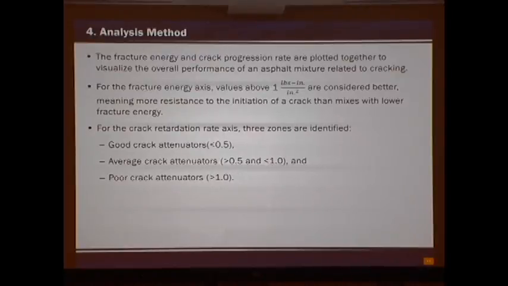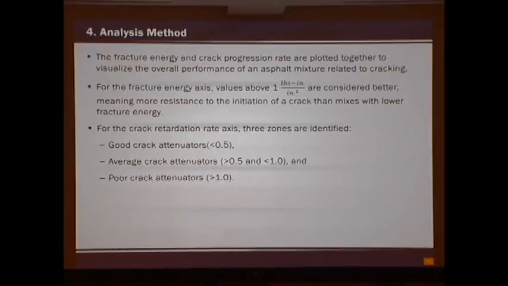And for the progression rate, we identified 3 zones. If that rate was less than 0.5, we said that was a good crack attenuator. If it was between 0.5 and 1, that was an average crack attenuator. And if it was above 1, we said that's poor.